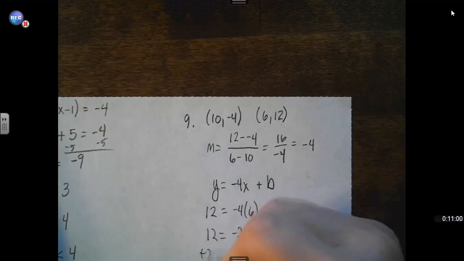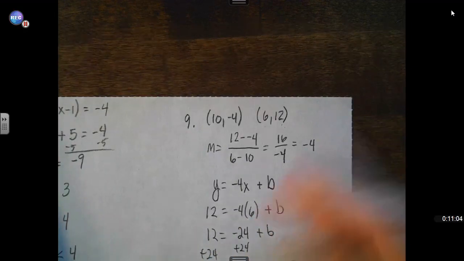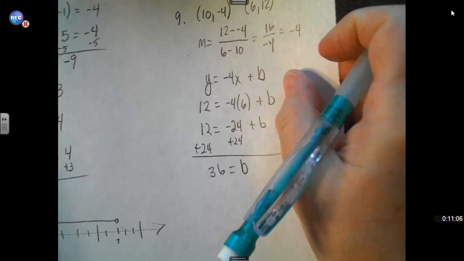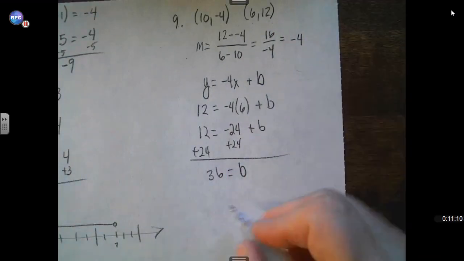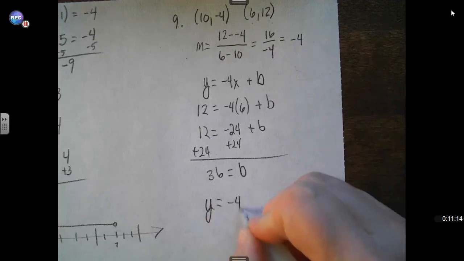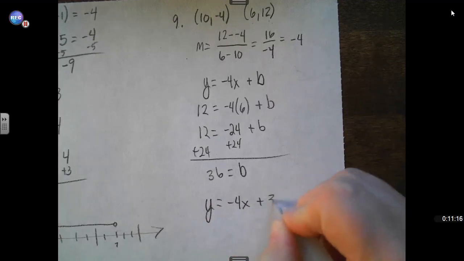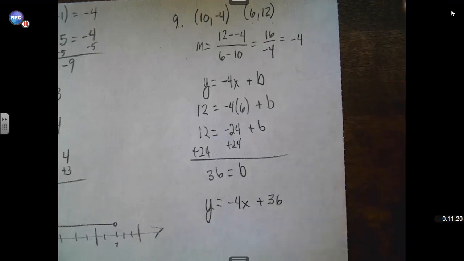Then I would add 24 to both sides, and I get b is 36. And then I plug that in to write my final equation. Y equals the slope times x plus y-intercept. That is in slope-intercept form.